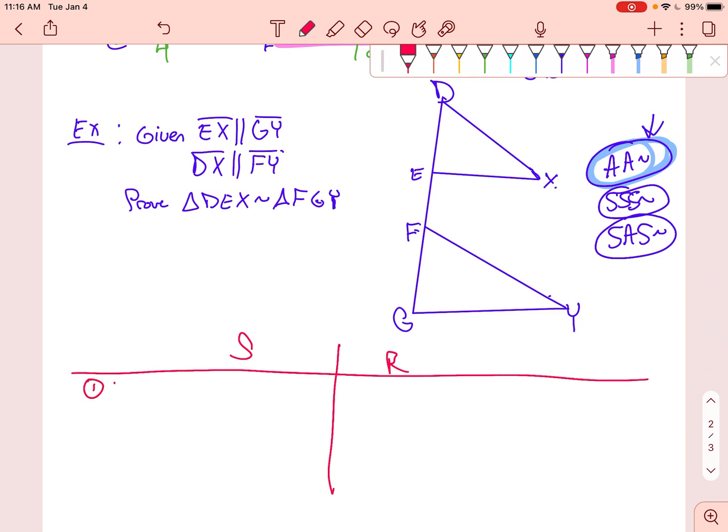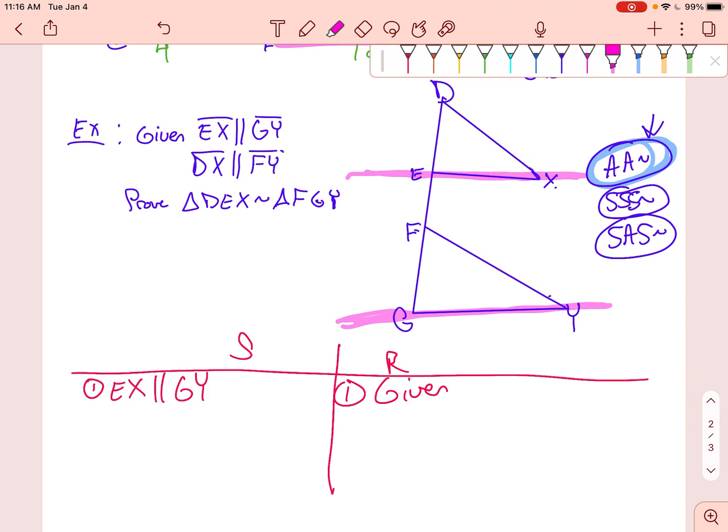So let's say, for example, we have EX that is parallel to GY, and that is given. I'm going to pause there and trace this. So EX is parallel to GY. And in my mind, I'm asking, why are they trying to tell me that these two lines are parallel?